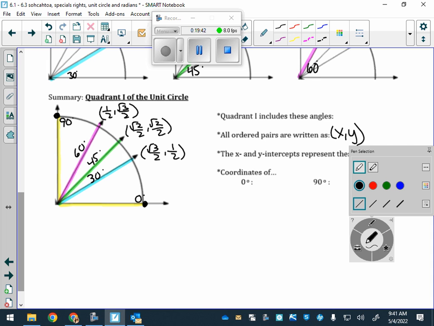A little complicated. It's okay. So think of, you have 0 and 90 here. They're going to be our x and y intercepts. Okay? Yeah, Jason.